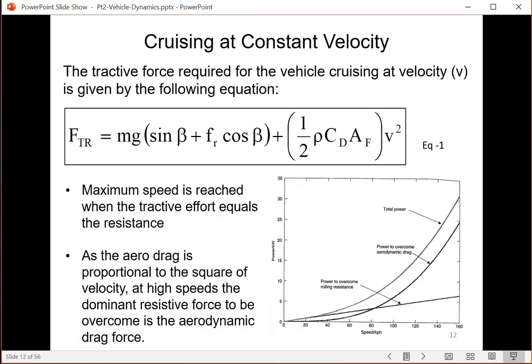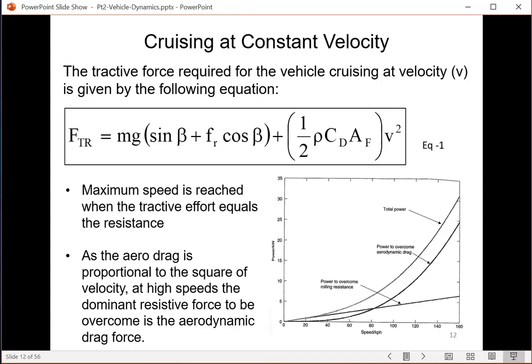The second one is we work out what is the maximum cruising speed. Now, if you think about driving a car or a vehicle, you accelerate, you get the car to the speed you wanted, then you keep that speed, so you no longer accelerate. In normal circumstances, you would be limited by the highway agent with the maximum speed you are allowed to travel.